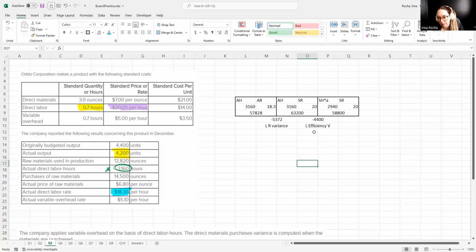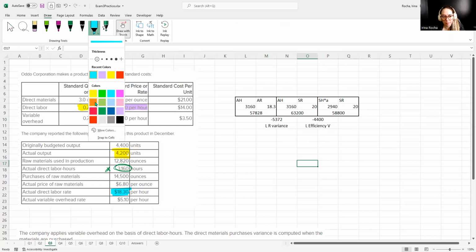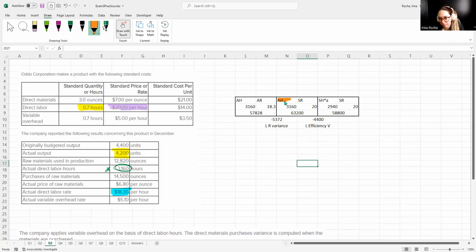variance. Now, was this favorable or unfavorable? If we analyze it here, we have the hours are the same. Actually, sorry, the standard rate is the same. So what they are analyzing is how many hours did we actually use to produce this product.